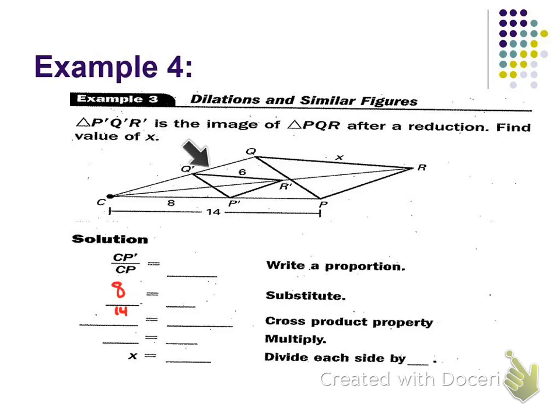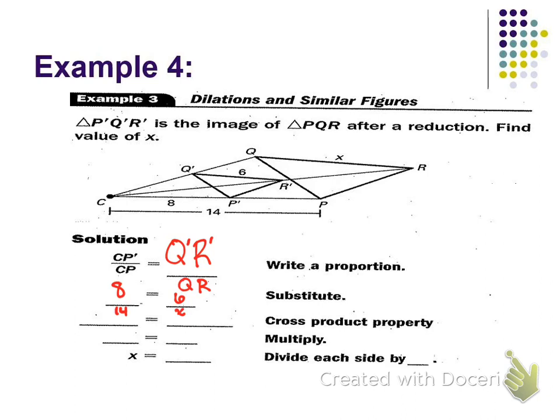But their new side that they labeled was Q prime, R prime, and the old side they labeled was QR. So that's what they really want in that first step. When we substitute, what did they label Q prime, R prime? 6. What about QR? X, right? QR is up at the top.